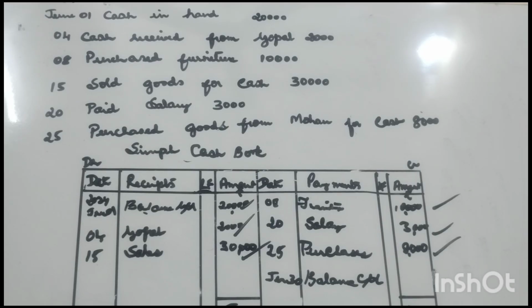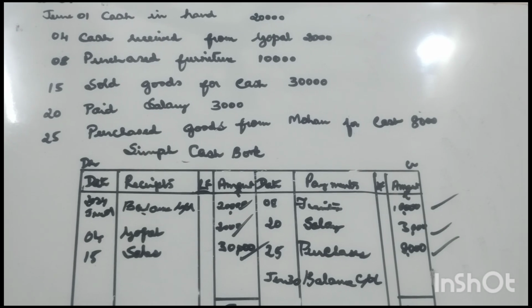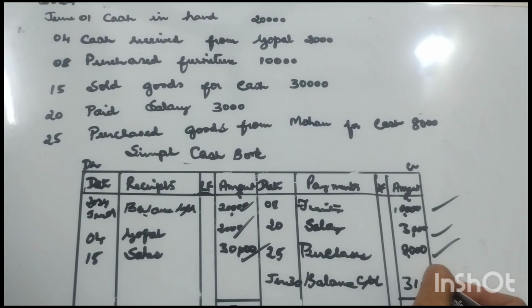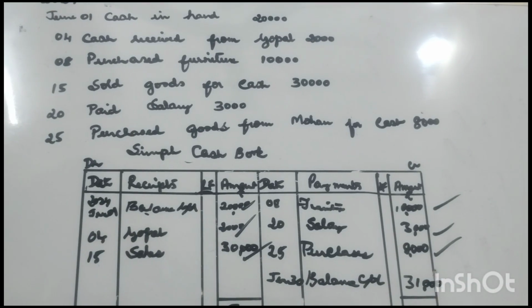So the closing balance will be, from 52,000 as you deduct 18,000, 3,000, 21,000, so that will be 31,000. Record that as balance carried down.